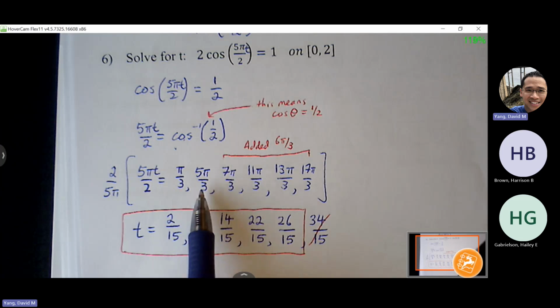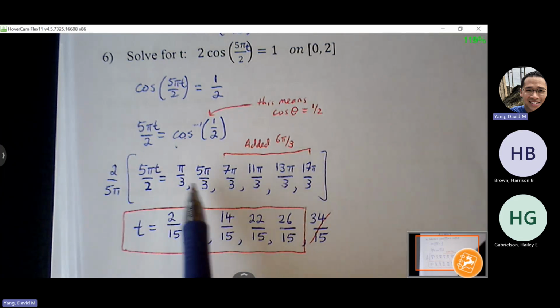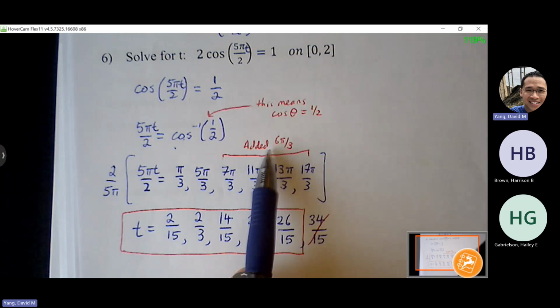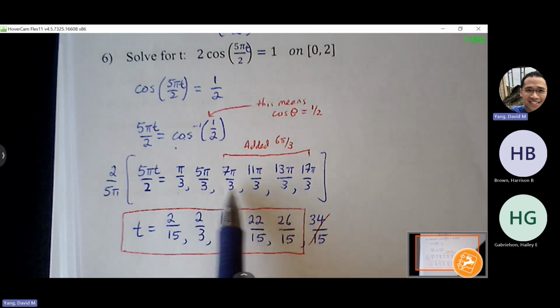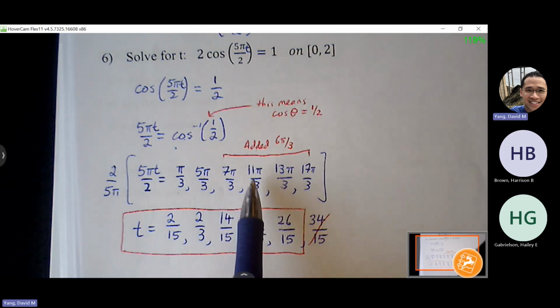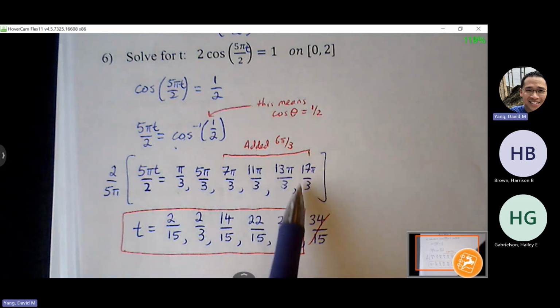I just want to make sure that I have enough. So I'm going to keep adding 2 pi to my original first and fourth quadrants. So pi over 3 plus 6 pi over 3 is 7 pi over 3. 5 pi over 3 plus 6 pi over 3 is 11 pi over 3. I keep going. Add another 2 pi, I get 13 pi over 3. Add another 2 pi, I get 17 pi over 3.